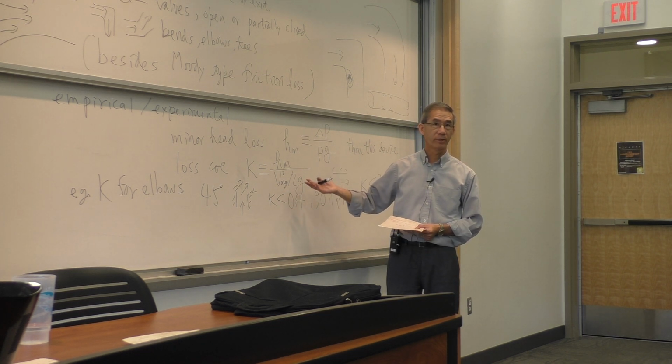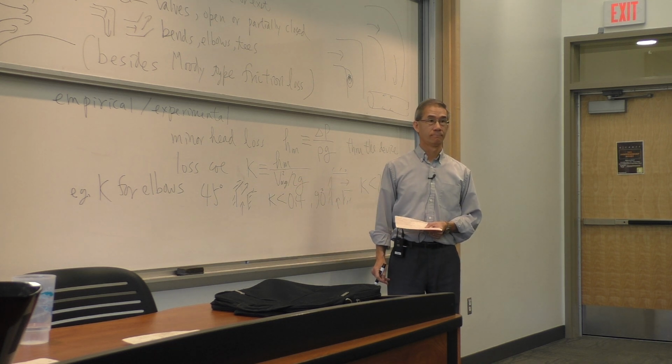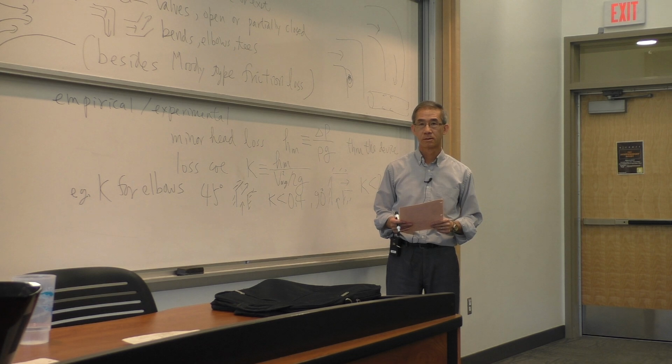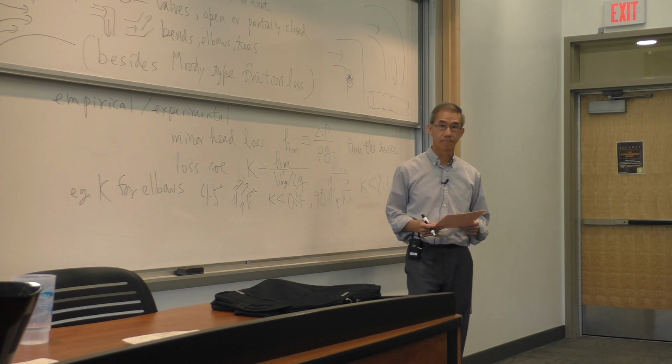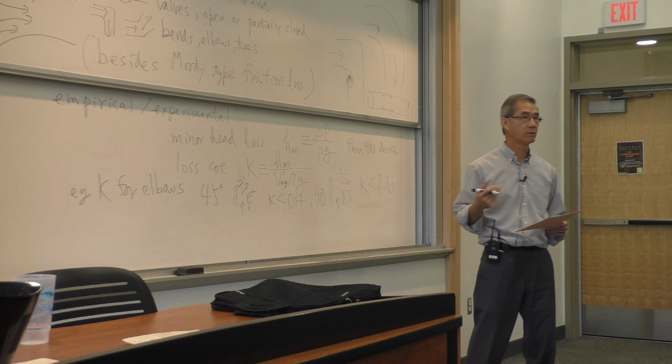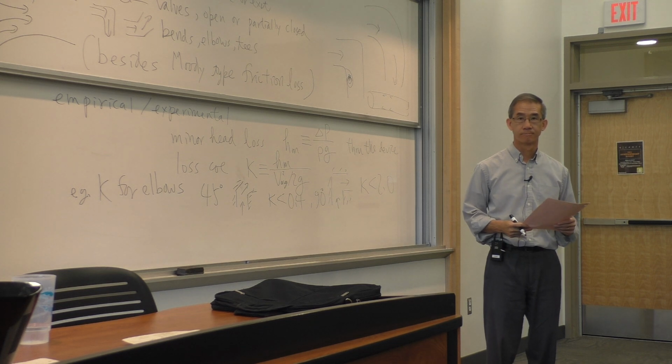The 2 is just by convention. But the denominator, if you look at the unit, is length. Yes? On a test, would you give us the K values? Either that or I'll give you a chart that you can use to look up, but you'll be given, just like the Moody diagram, I don't expect you to memorize the Moody diagram, but you will be provided, yes.